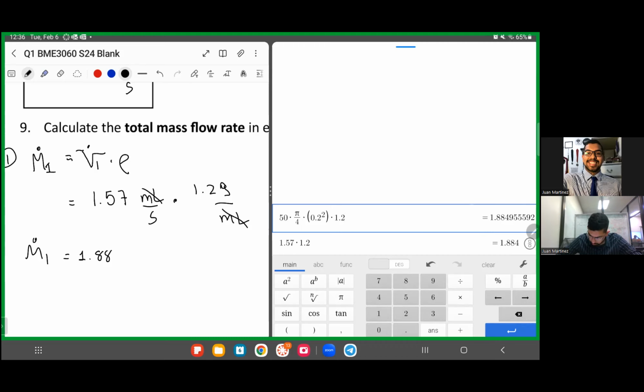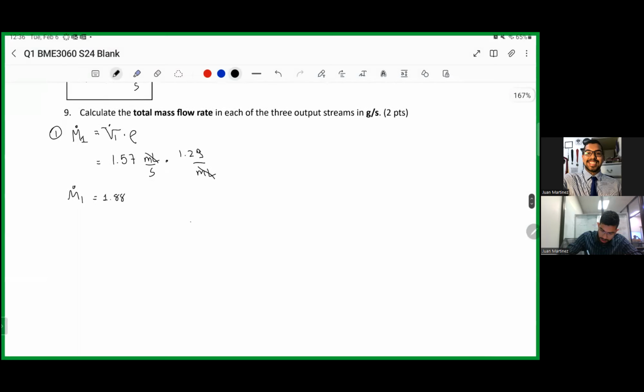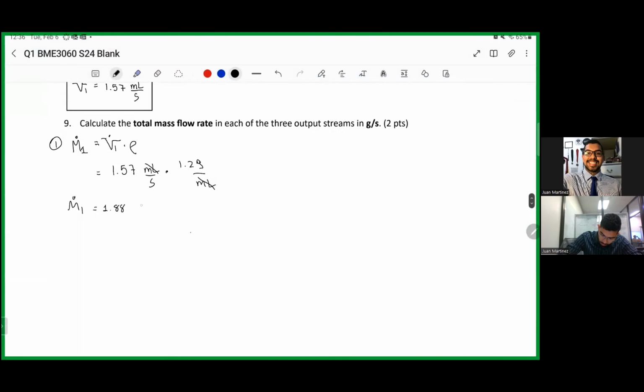Okay, well, 1.88. I think the answer key is a little different, but we're going to go with 1.88. It shouldn't be that big of a deal. And we have 1.88 grams over seconds.